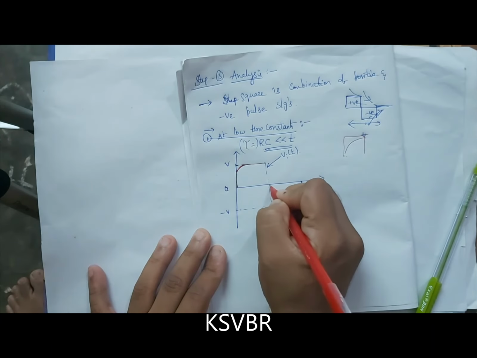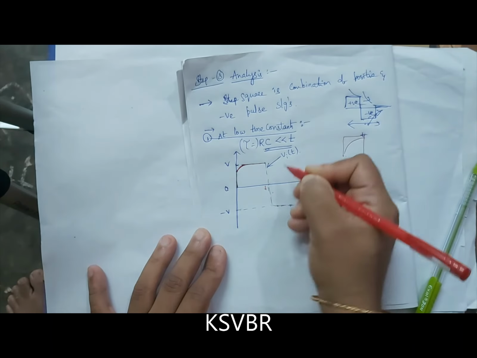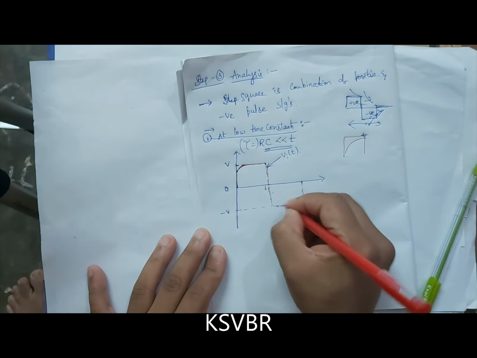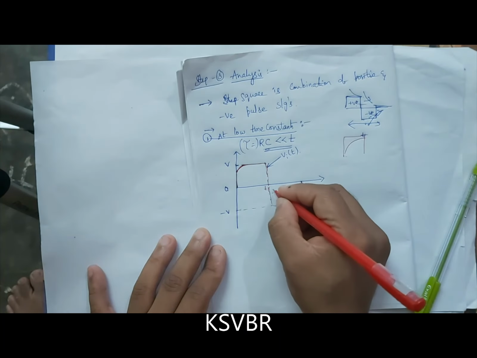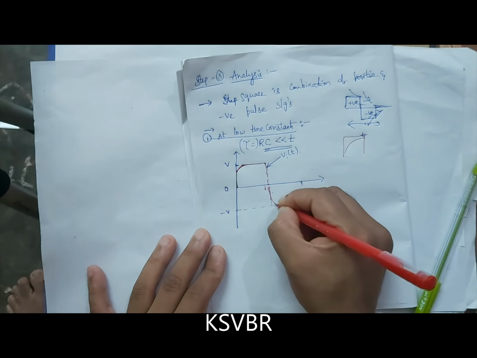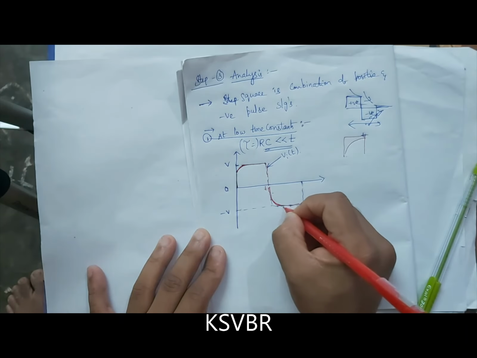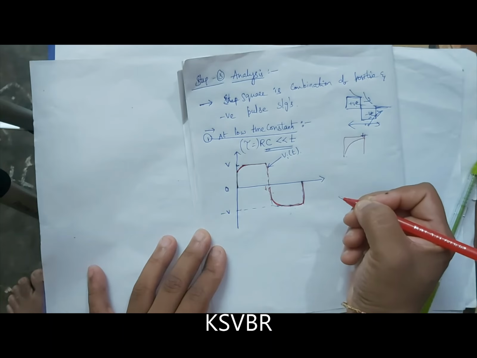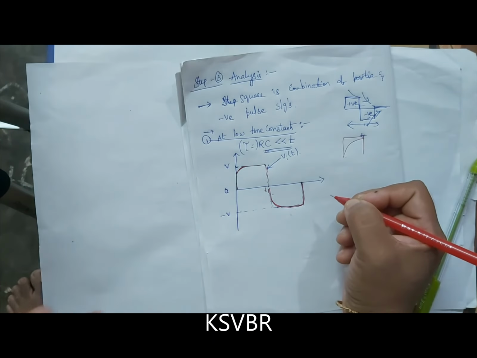So whenever time period T1 is there, if time terminates, it automatically falls. And this is the negative pulse. Here also the capacitor quickly charges and maintains a constant level towards this. So this is the response of RC low pass filter to square wave signal at low time constants.